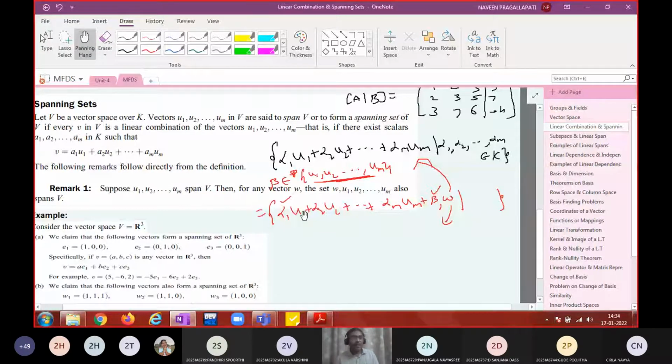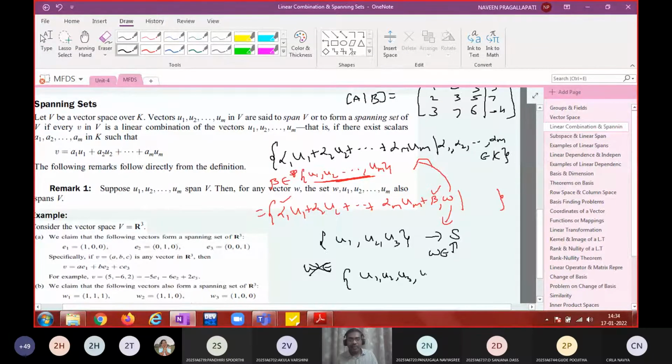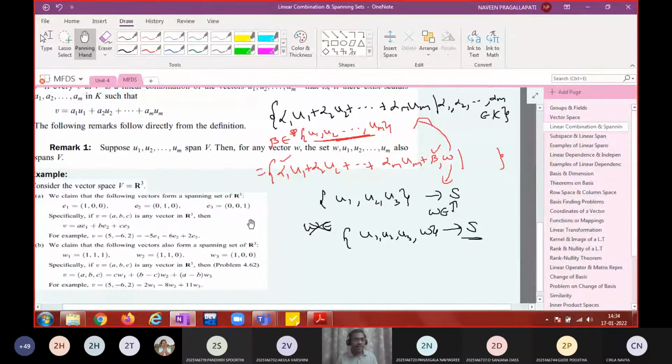That means, okay, u1, u2, u3 is spanning a set, let us say S. Then you take any element of the set S, then u1, u2, u3 and this w, this also will span the same set. That is what the remark says.